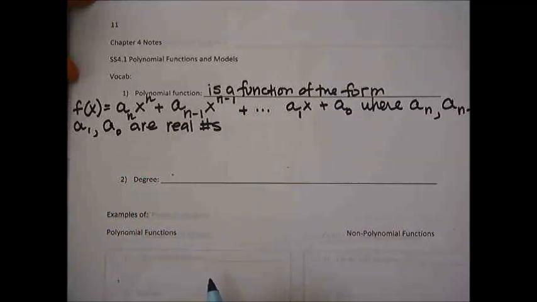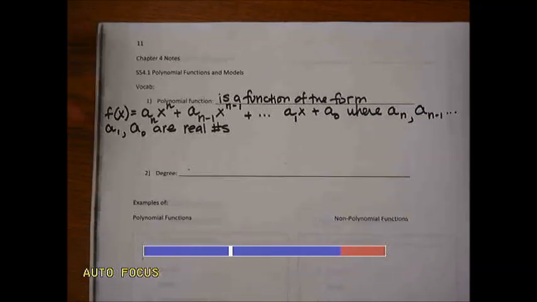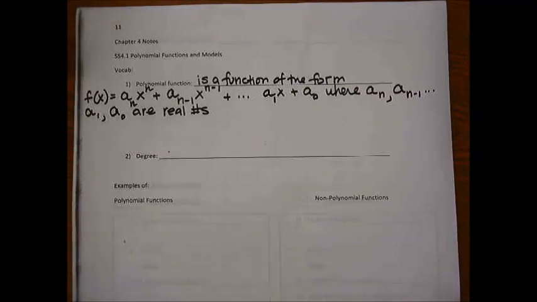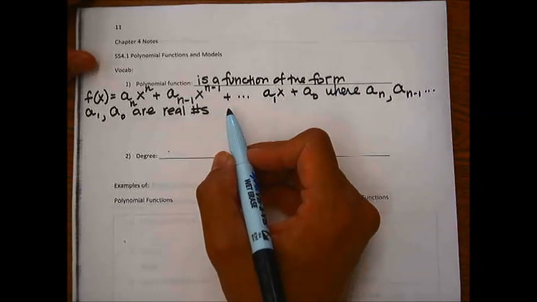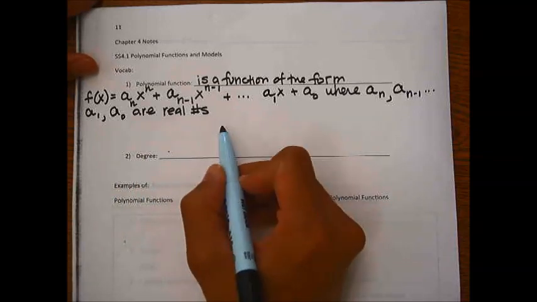Because they are leading coefficients, they could be any number they want, any number except imaginary. So we define all the a's, the leading coefficients.